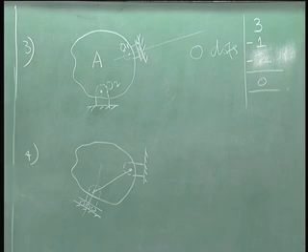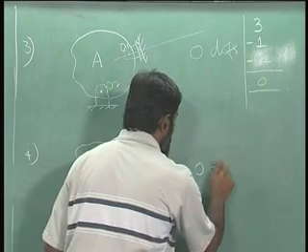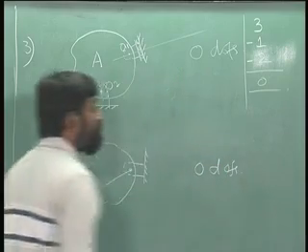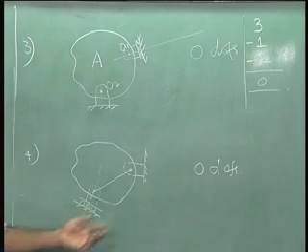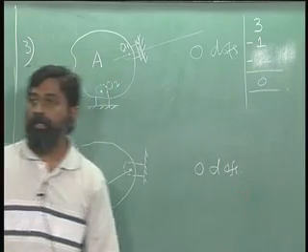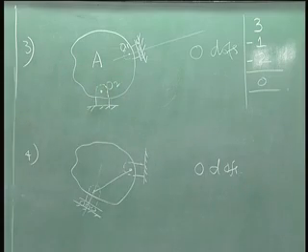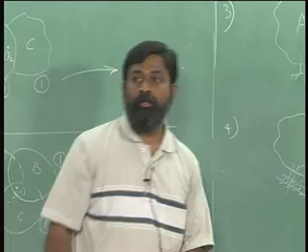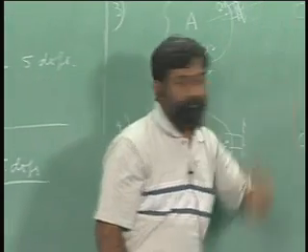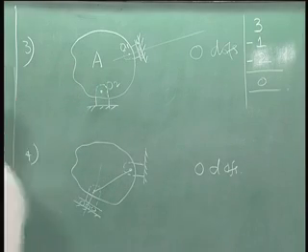Very simple, and therefore this has 0 degrees of freedom. In this case again it is easy to show that it will have 0 degrees of freedom by this kind of calculation. Let us move on to one more problem.